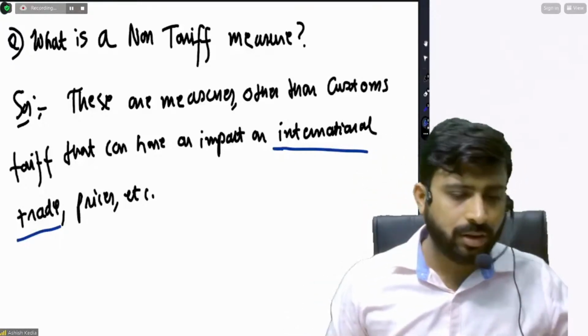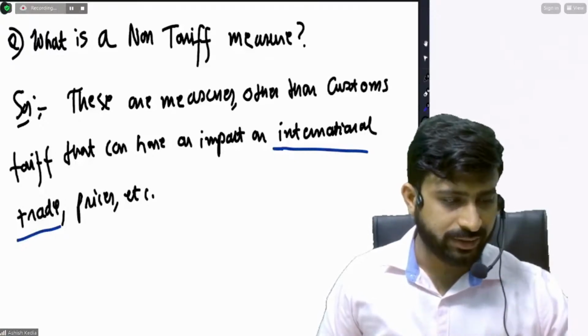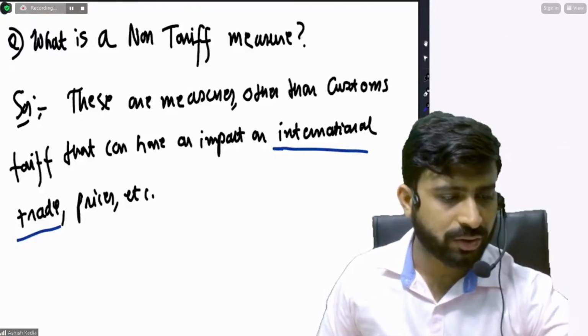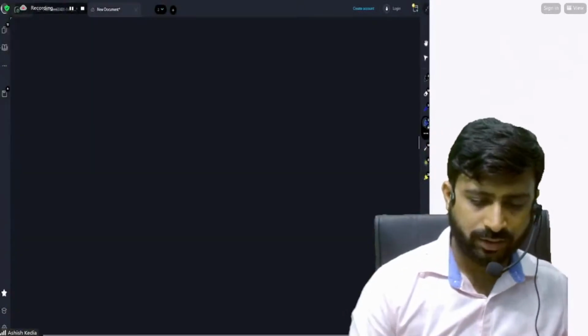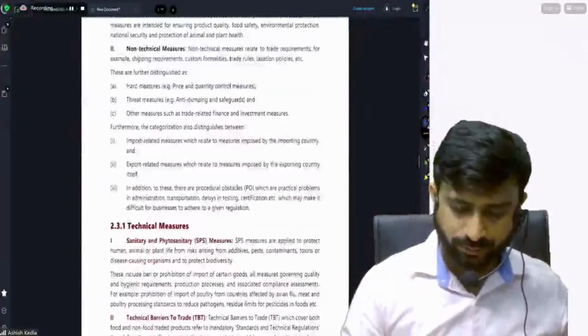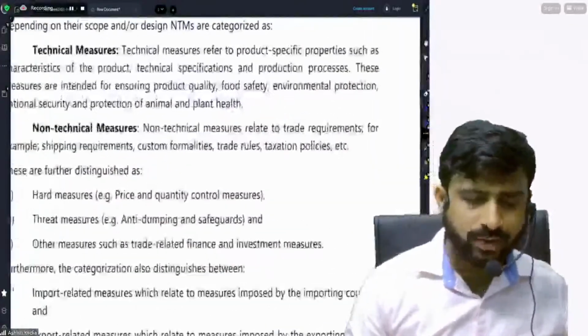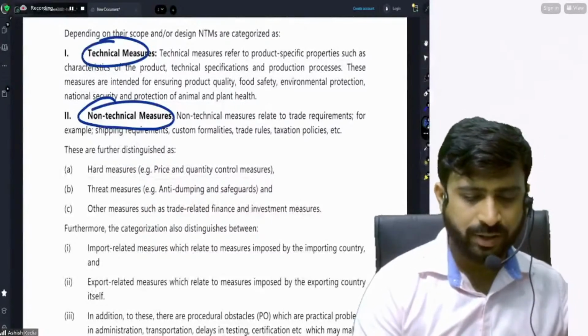Now friends, this is classified into some heads. This is what we are going to discuss. See, here it is. Non-tariff measure. So again, there are two things here: technical measures and non-technical measures.